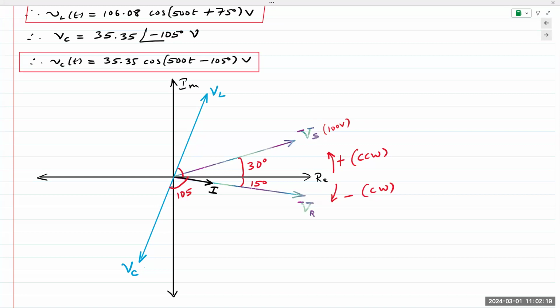This is only to the x-axis. And if you see, inductor and capacitor are 180 degrees out of phase, which is what we would expect. And so that's the phasor diagram for all four quantities.